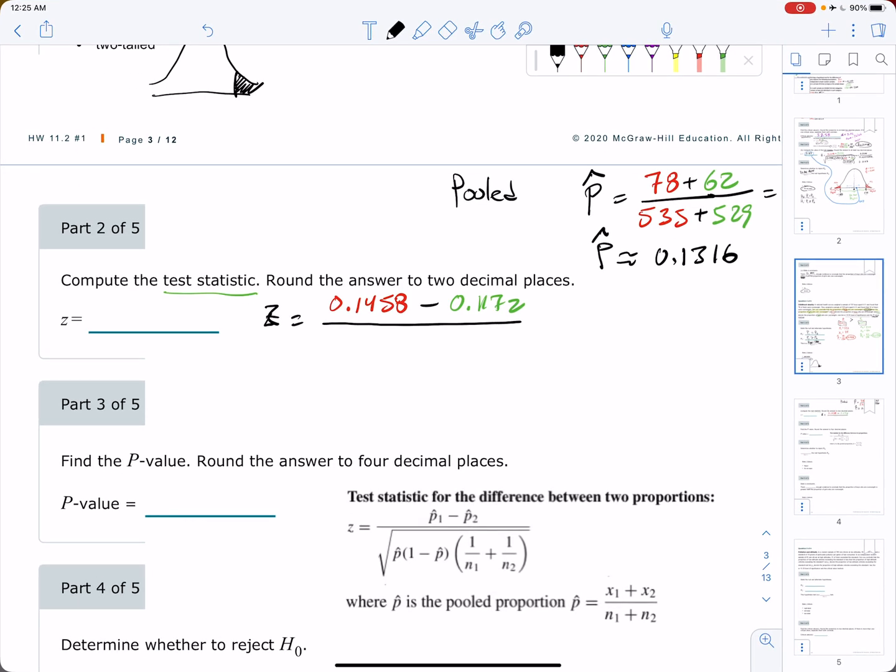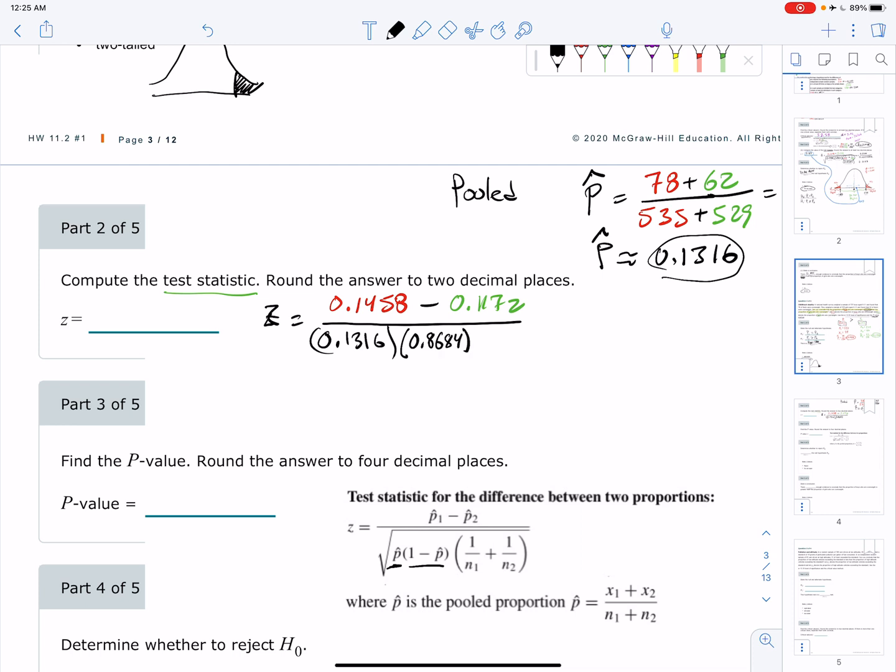So I want that p hat. There we go. So I just got that. Here it is right here. So I'm going to write that down. That is 0.1316. Now it's times its complement. So 1 minus 0.1316 is 0.8684.